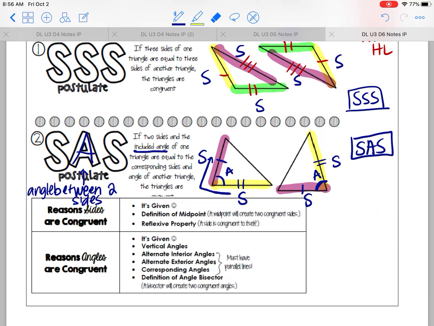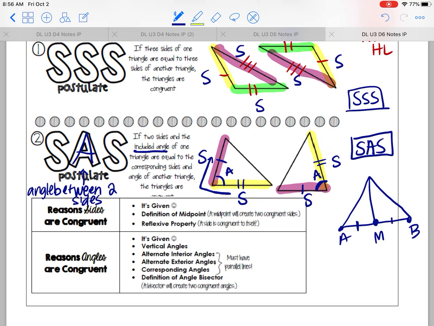Another way of determining a pair of congruent sides will be when they're giving you the definition of a midpoint. So for example, if they say M is the midpoint of side AB, then because M is a midpoint, you know that M is splitting that segment AB into two congruent parts.